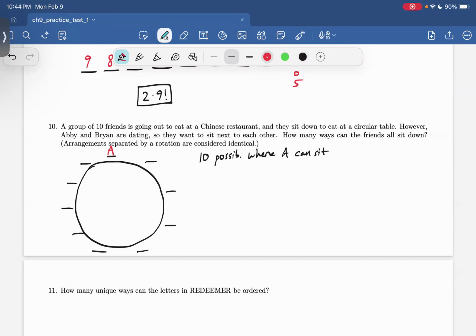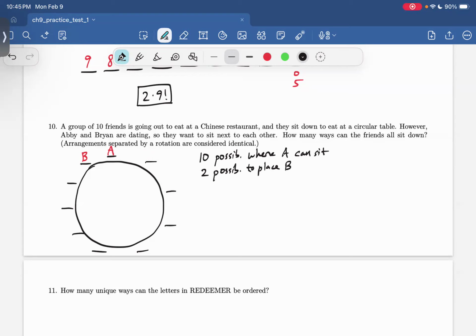All right. Now Brian has to sit next to Abby. So that means Brian only has two choices. He can either sit here or he can sit there. Let's say he sits here, but let me remember that there are two possible choices to place Brian once Abby has been seated.